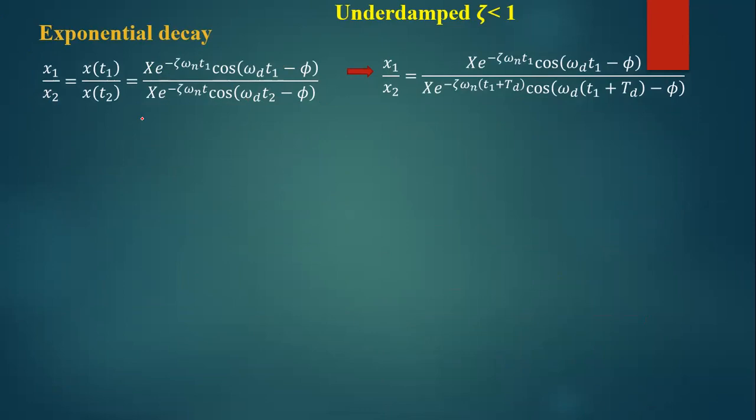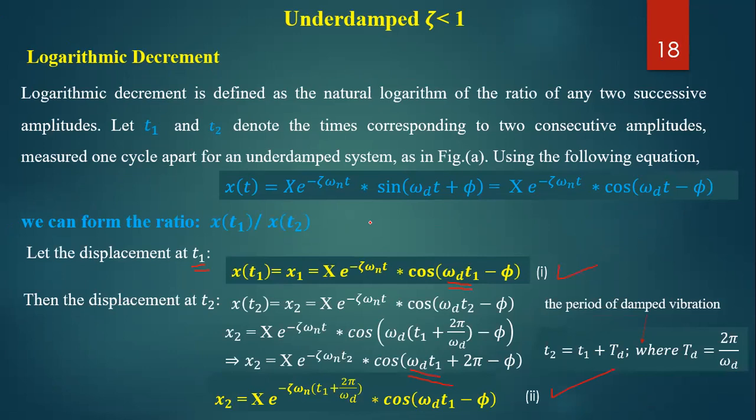Another thing which I want to explain here is cos(omega_d t1 + 2 pi - phi).